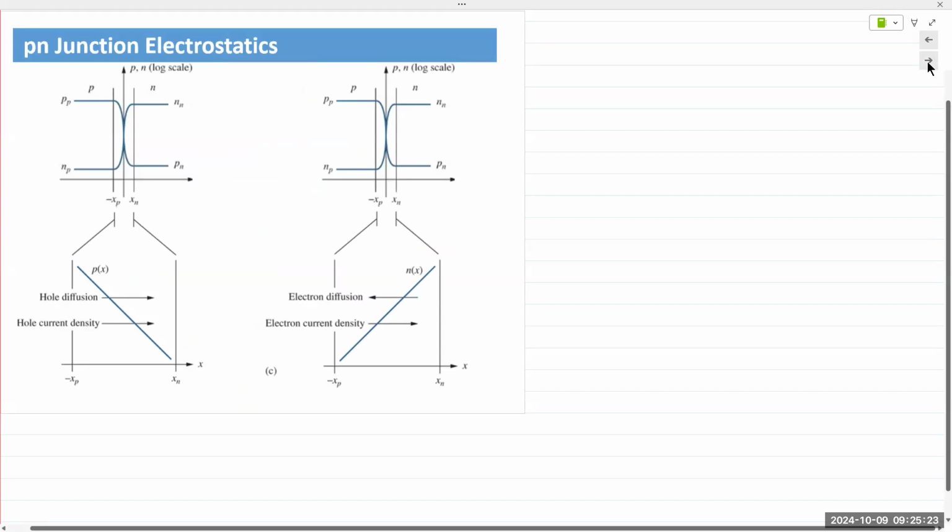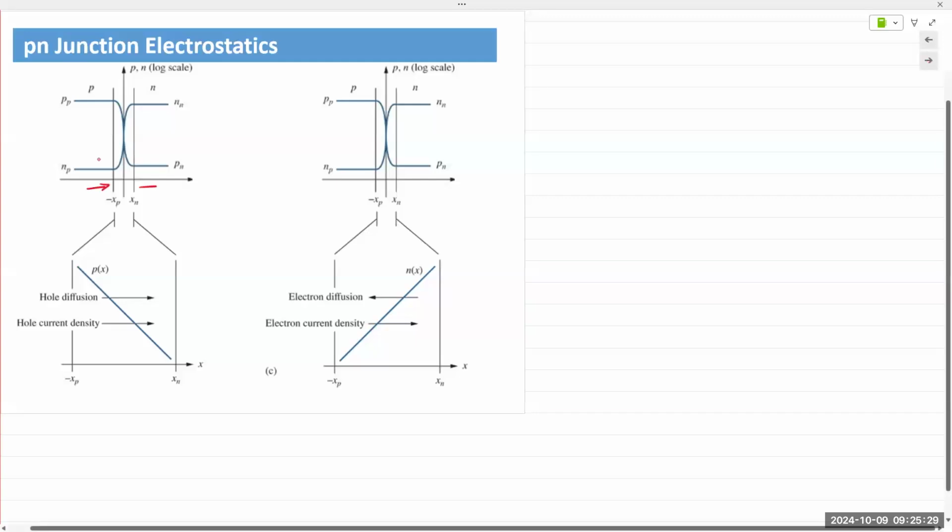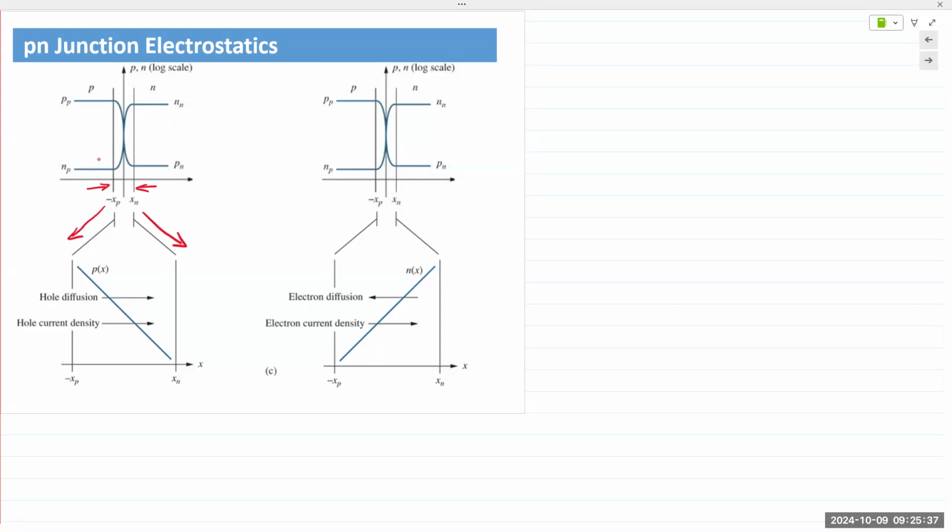So let's expand on what happens at that junction. We have this junction right here. Let's expand it. What do we see? Across the junction, the holes are higher on the left side. Across the junction, there is a gradient in the hole concentration.